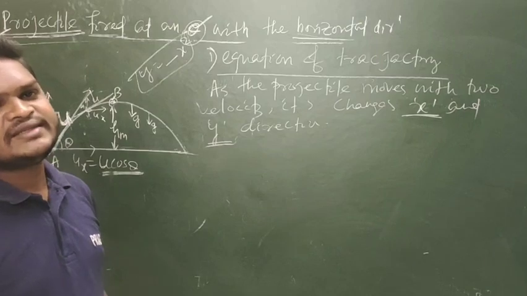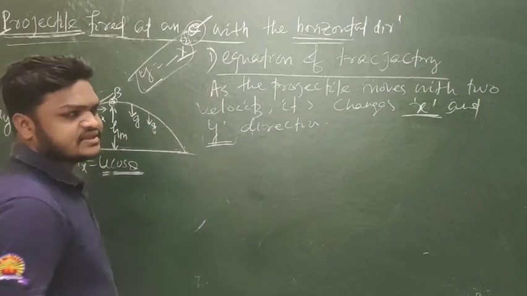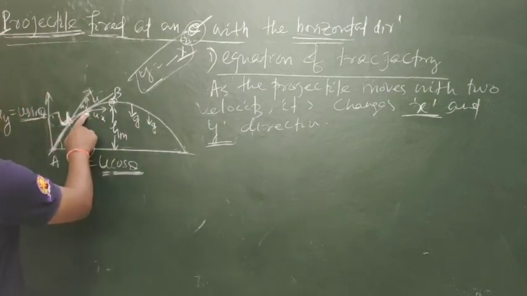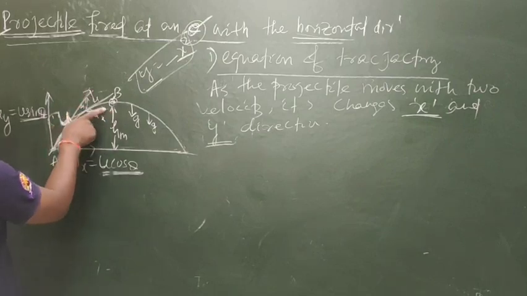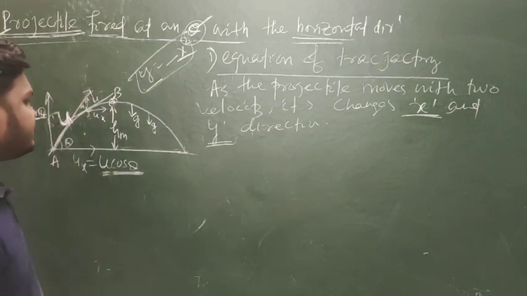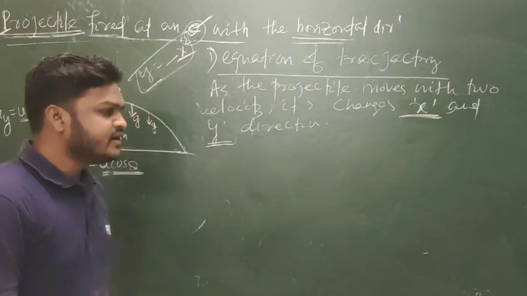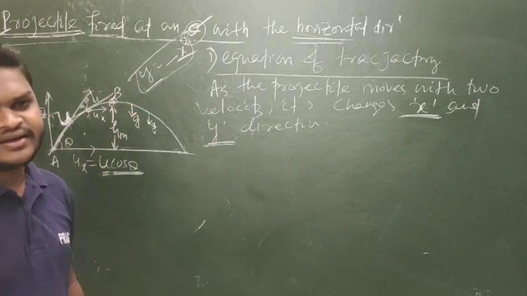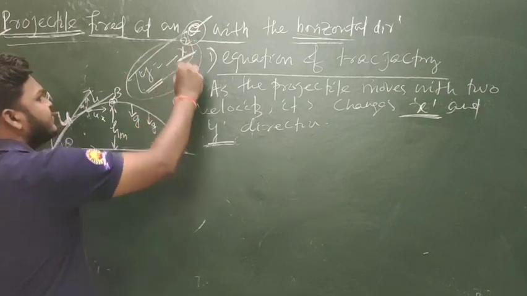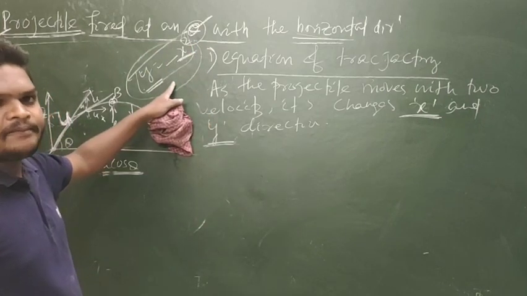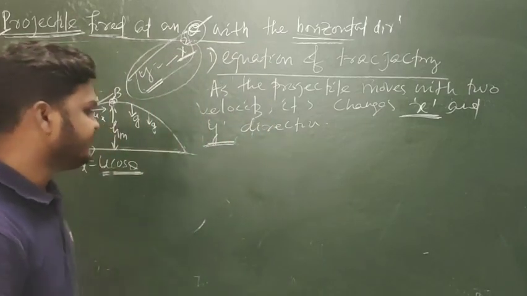First we calculate how much distance is traveled along x, then along y, and if these two equations form this type of equation, then we say the projectile moves along a parabolic path.